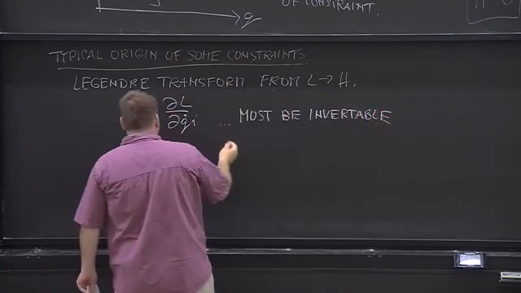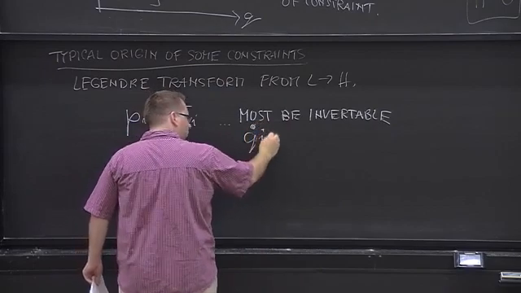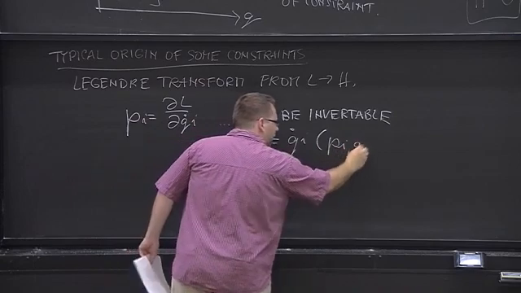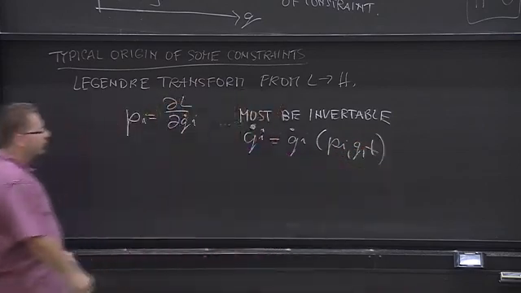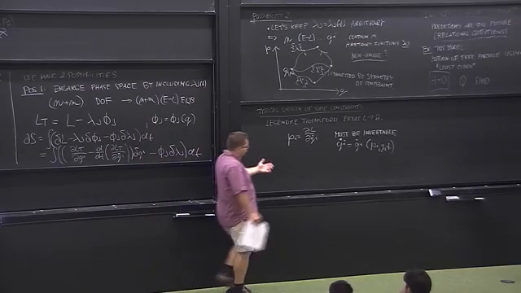Meaning I have to be able to write q_i dot as a function of p_i and q and t. Because then I'm plugging in whatever the q dot in the Lagrangian was, I have to express it in terms of q and p. So this I have to do.